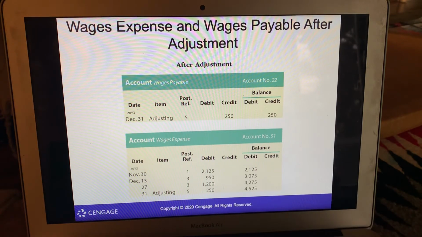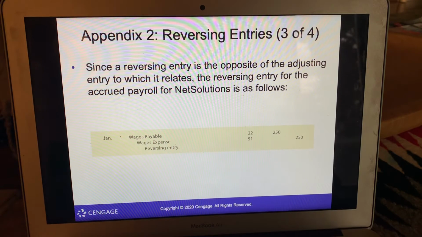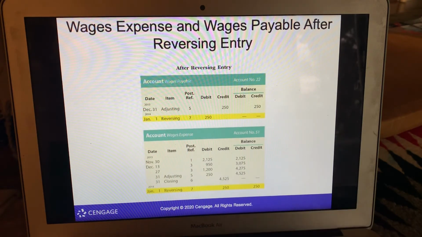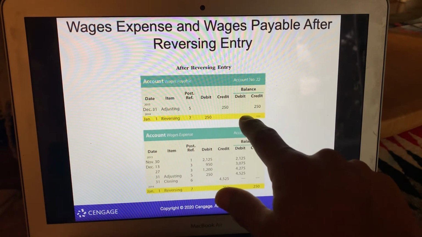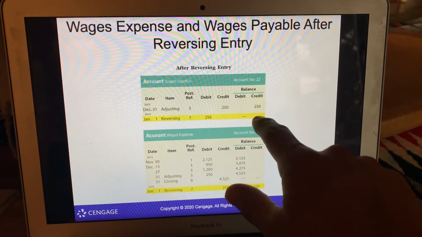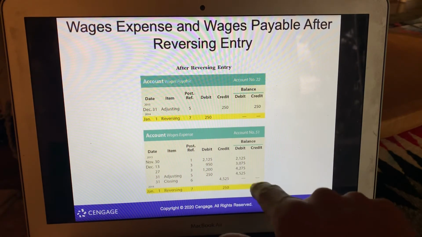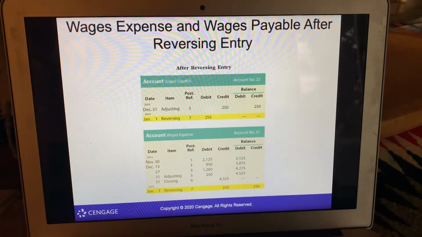So we're pulling it out as a liability now. So here's the reverse: wages payable 250, wage expense. We reverse the entry. Now we're paying it is what's going on. Wage expense and wages payable after the reversing entry. Notice how our wages payable account is now zeroed out, but because of that we actually put it in our expense, wage expense. So it actually shows up.